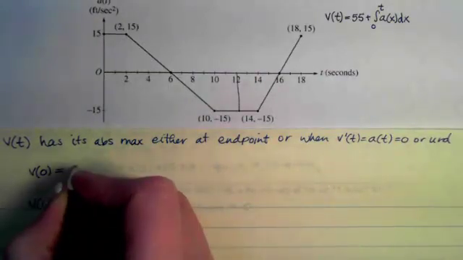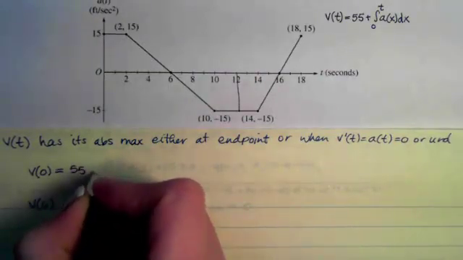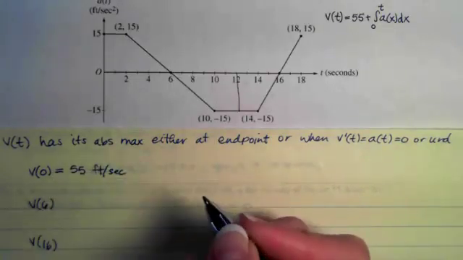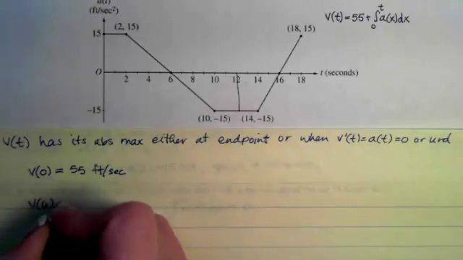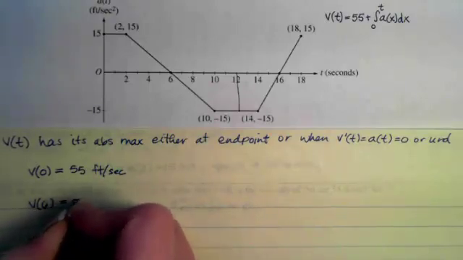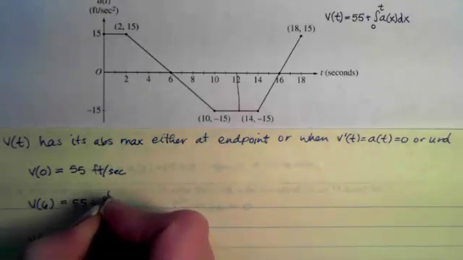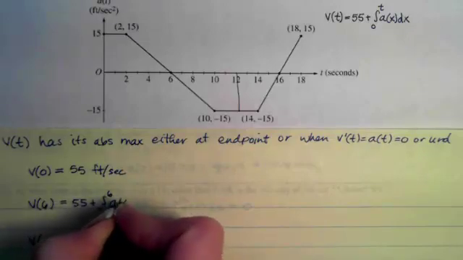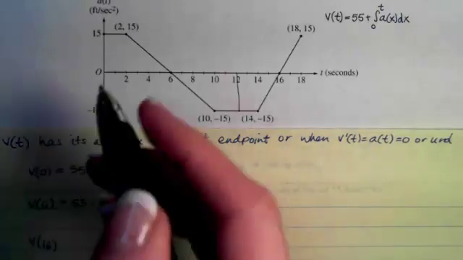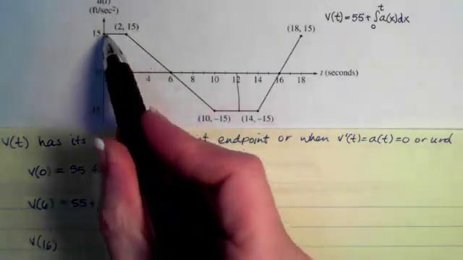We already know v of 0 is 55 feet per second because that was given to us. V of 6 is going to be 55 plus that accumulation from 0 to 6 on the acceleration curve. So that means I need to accumulate this region right here.